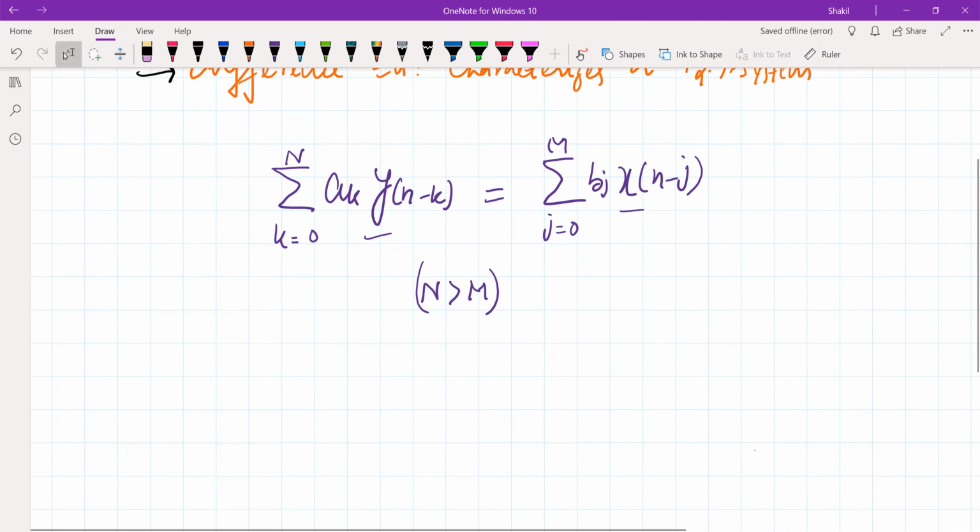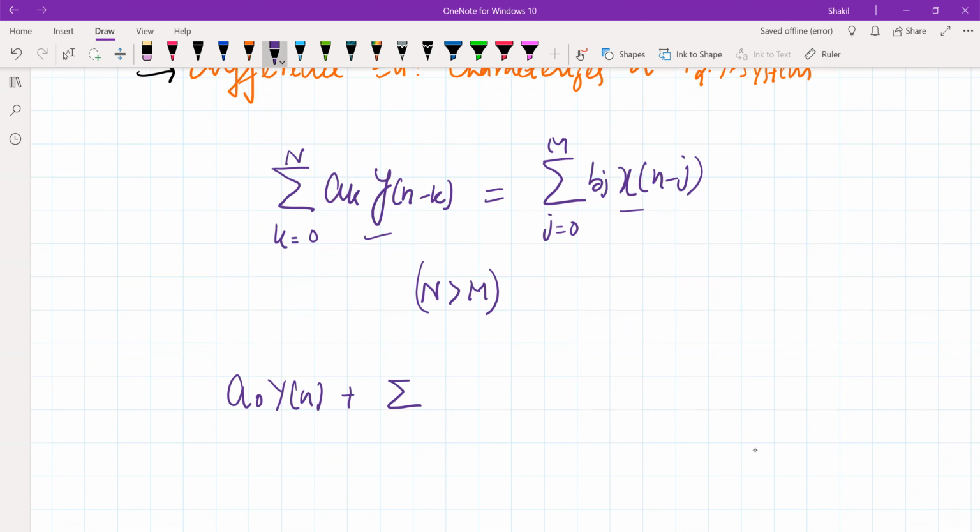Now, if I expand this difference equation, I can write a0 y of n minus 0, that's simply n, so it will be left with y of n. Then the summation, taking k equal to 0 outside, will be a_k y of n minus k.